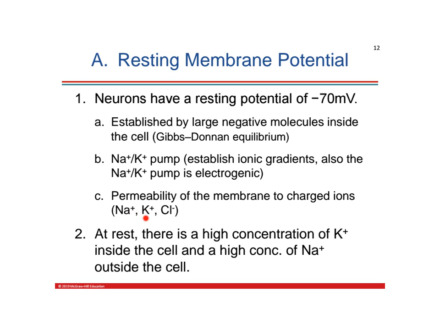So because the permeability to potassium is the highest, potassium has the largest effect on the resting membrane potential. Recall that the equilibrium potential for potassium is about -90 in your typical cell. And so that's quite close to the resting membrane potential of the cell.